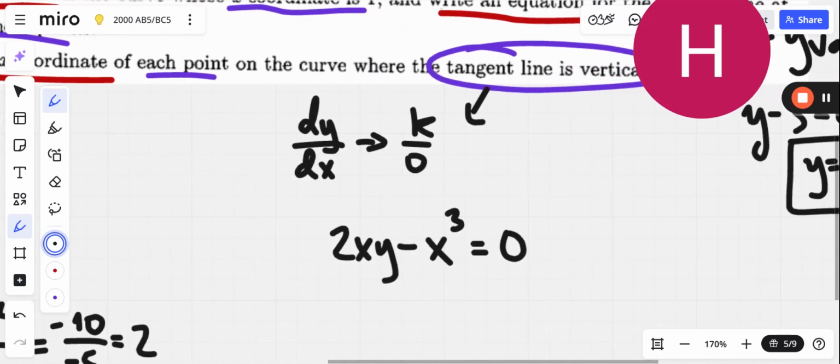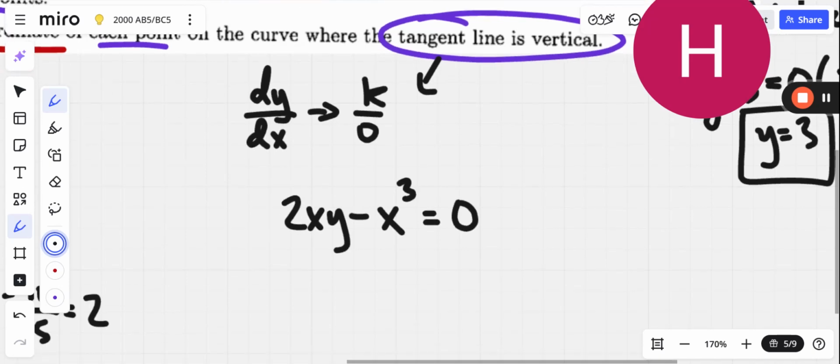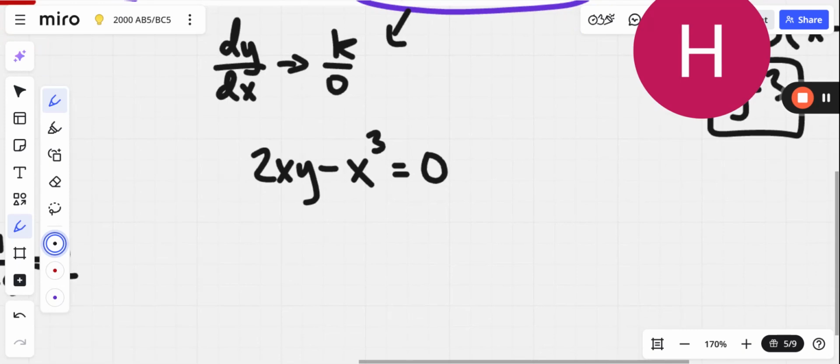Okay, each point on the curve. Well, if we want to put y in terms of x, that could be rather helpful. So let's solve for y.